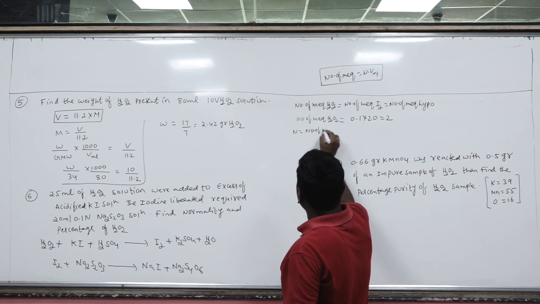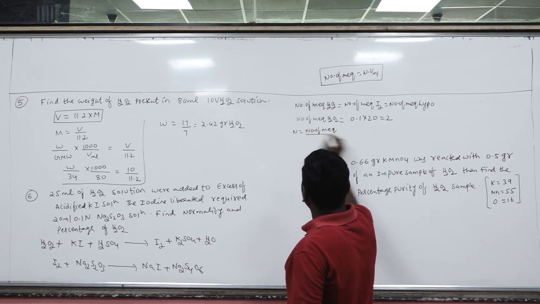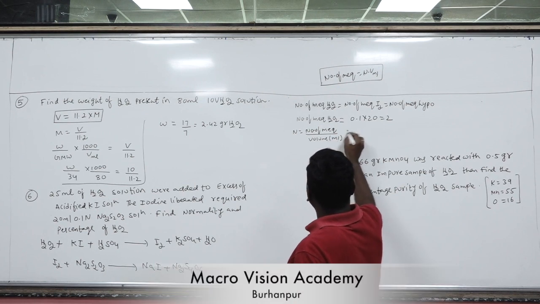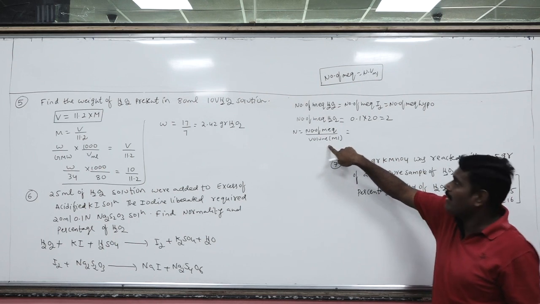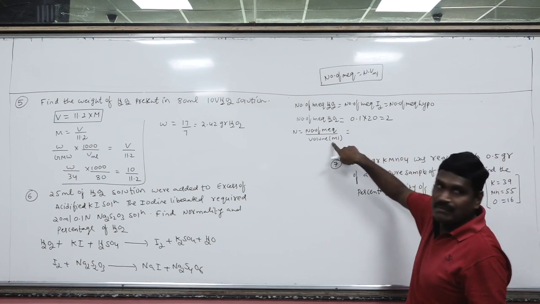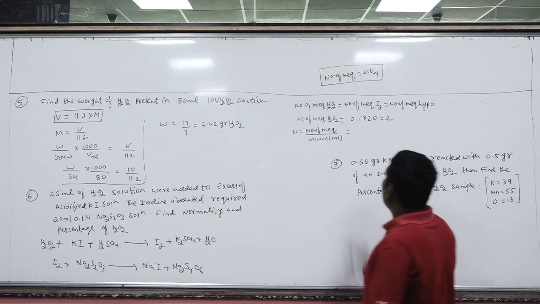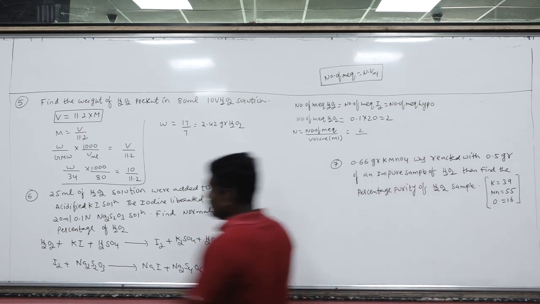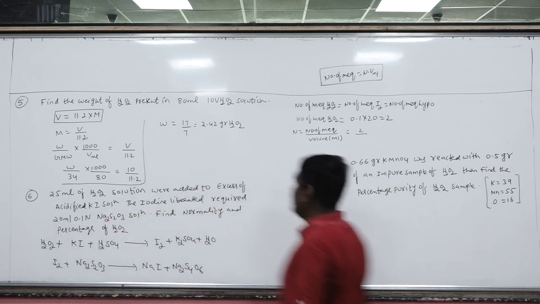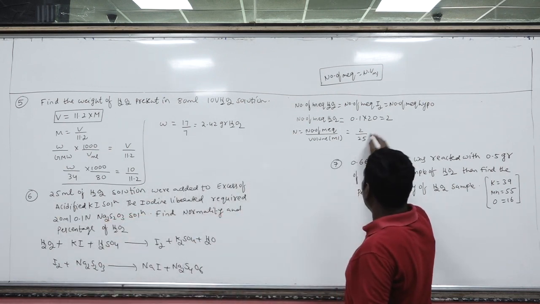Number of milliequivalents by volume in milliliter. Otherwise, number of equivalents present per liter of solution or number of milliequivalents present per milliliter of solution. How many milliequivalents are there? 2. What is the volume of the H2O2 solution in milliliter? That will be 25.